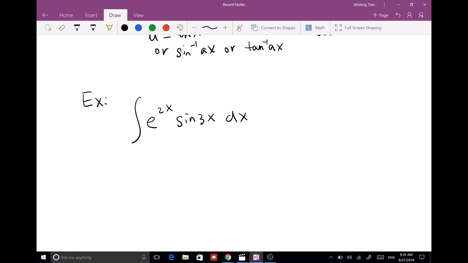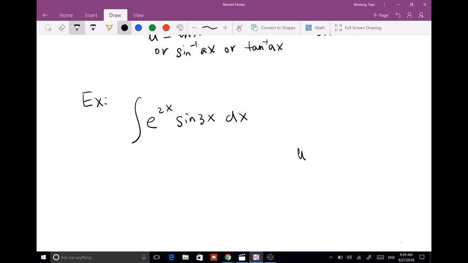I'll give you a little bit of a hint, okay? You think about it. If you let u equal this and v equal this, then dv will never change anything, because e to 2x continues as e to 2x. But let me give you a little hint.